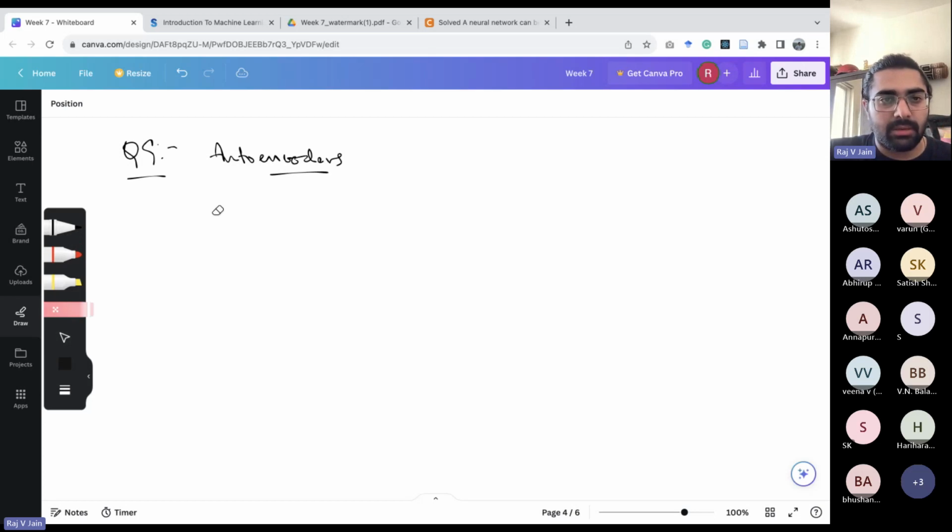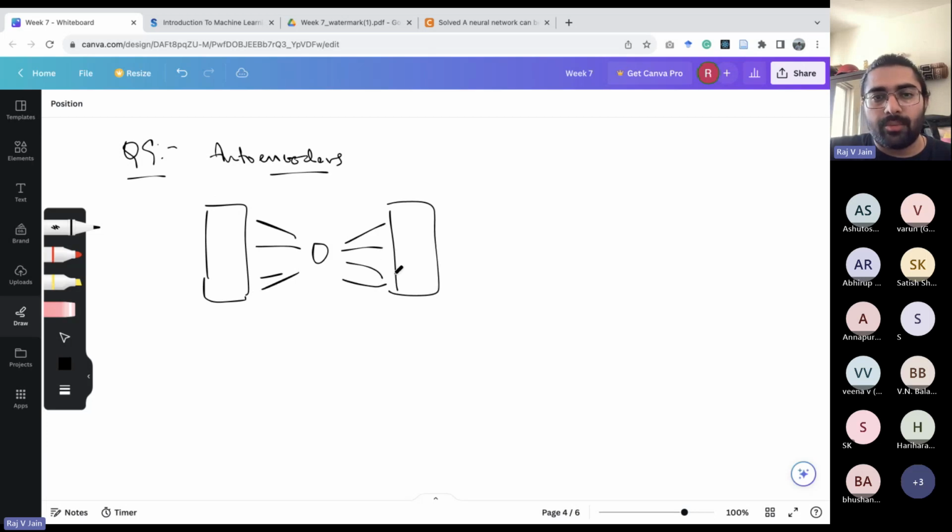Again, middle is not right to say, but for now, let's just take this. What we do is pass some input X here. We constrain it to go through this low-dimensional layer, and then we say I want the same X to be constructed back.